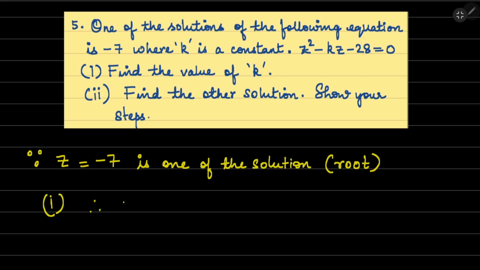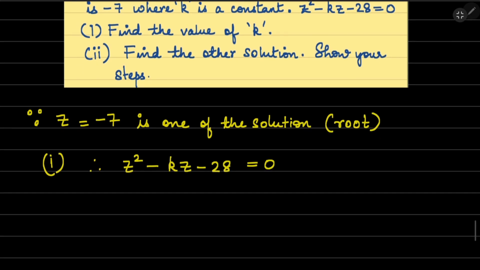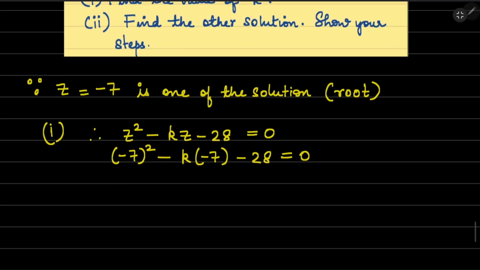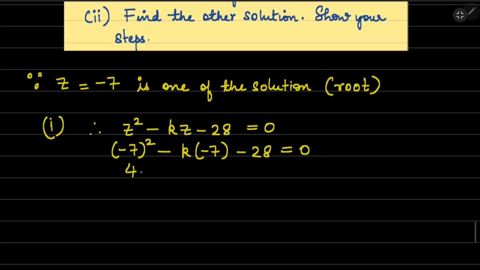Let's write the given equation: z square minus kz minus 28 equal to 0. Just substitute z with minus 7. So minus 7 whole square minus k multiplied by minus 7 minus 28 equal to 0. What is minus 7 the whole square? 49. Plus 49, minus into minus is plus 7k, minus 28 equal to 0.